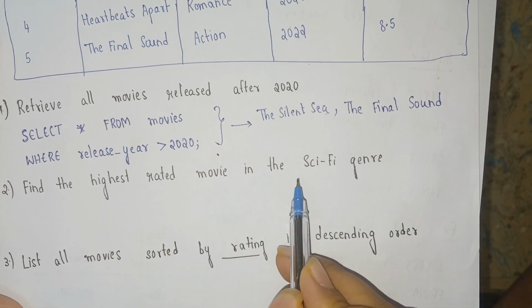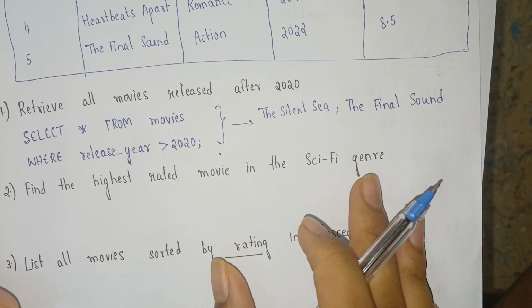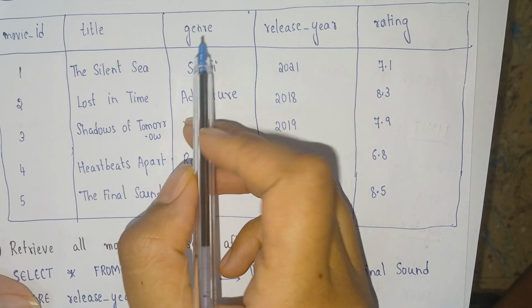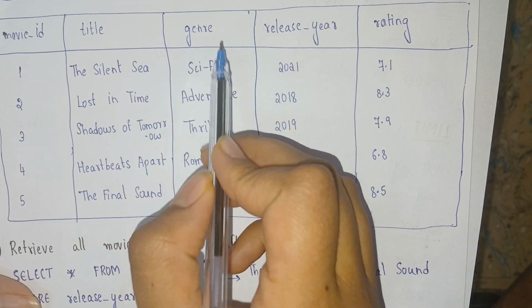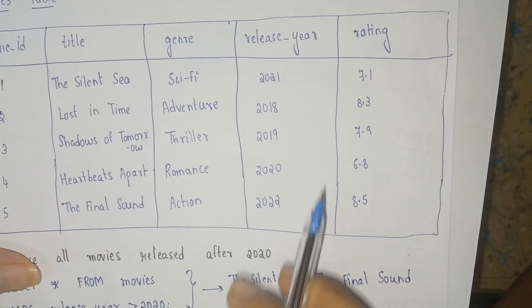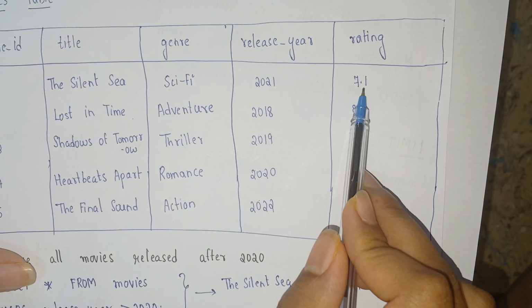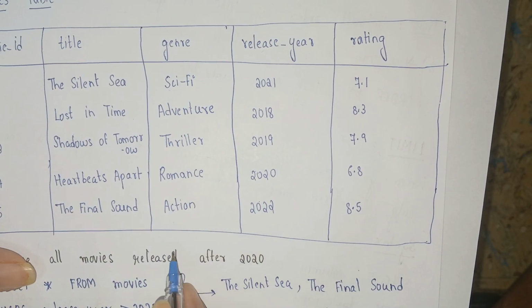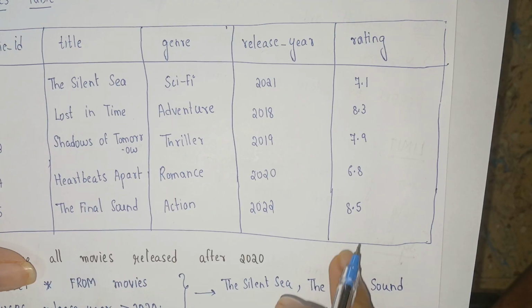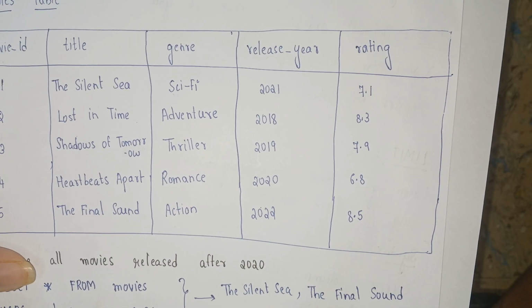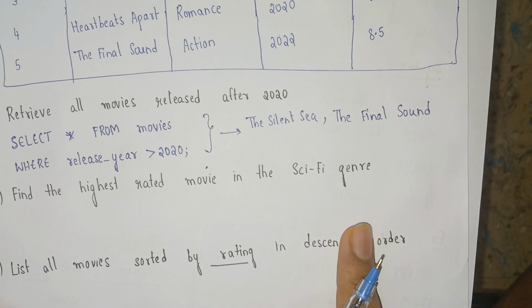Find the highest rated movie in the sci-fi genre. So for the sci-fi genre, you have to see in the genre column what is the highest rated movie. Actually we have only one here, but what if we have some other sci-fi movies in the table and we have ratings for all of those, and we have to find the highest rating, then what do we do?